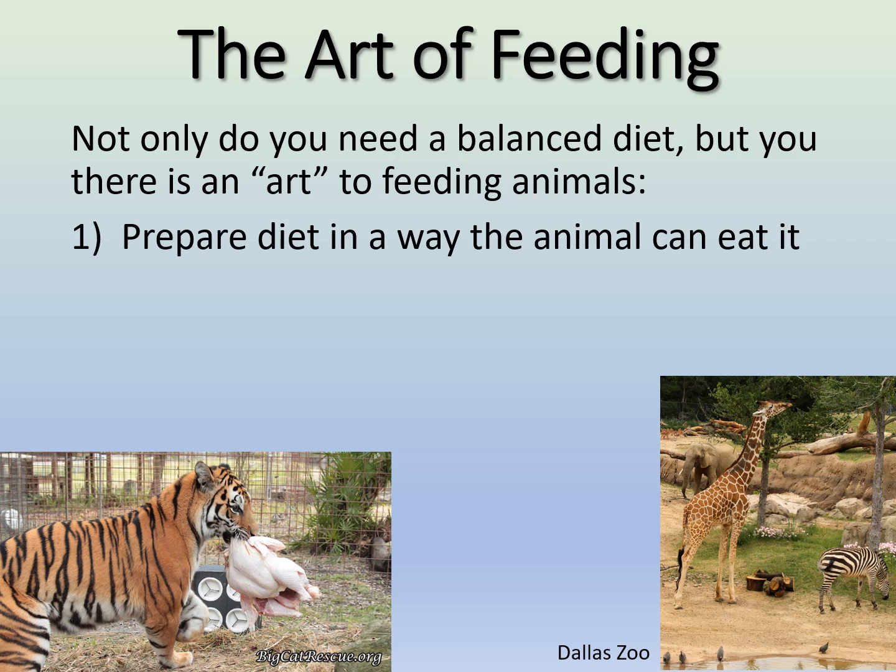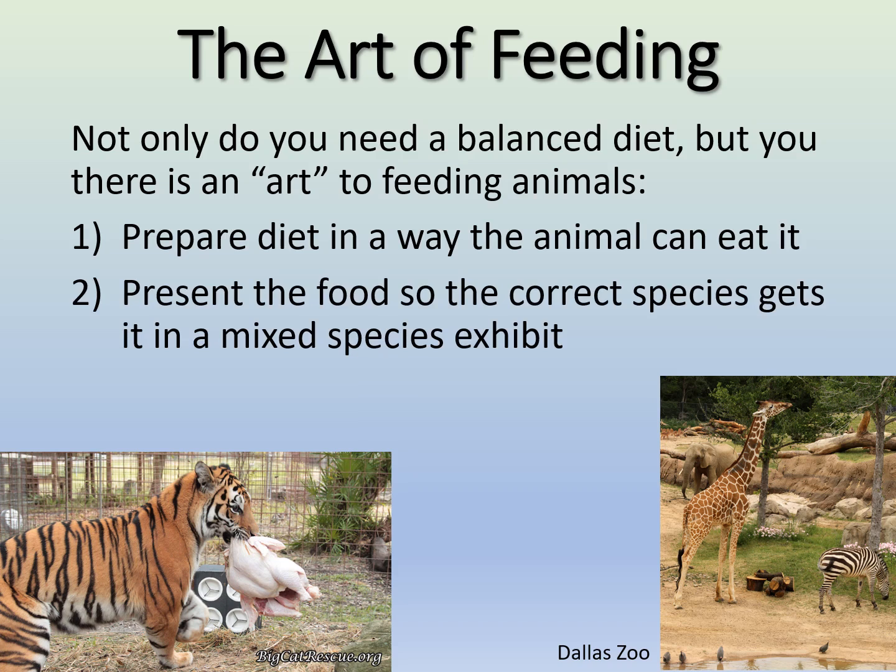Right? So you have to prepare these diets in a way that the animal is, one, able to eat it, and two, maybe wants to eat it, right? So all these things are going to go into preparing a diet for an animal. You also want to present the food so that in maybe a mixed species habitat, you want the correct species to get the correct diet, right? So that can be a challenge as well.